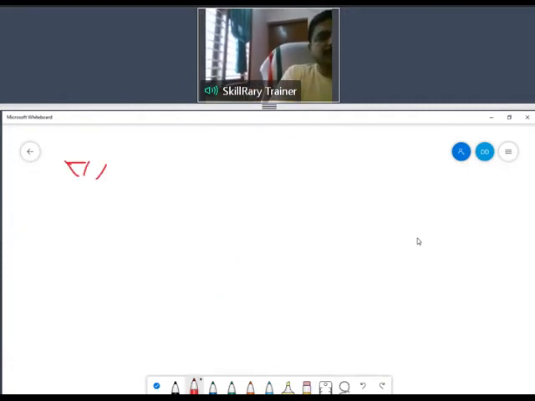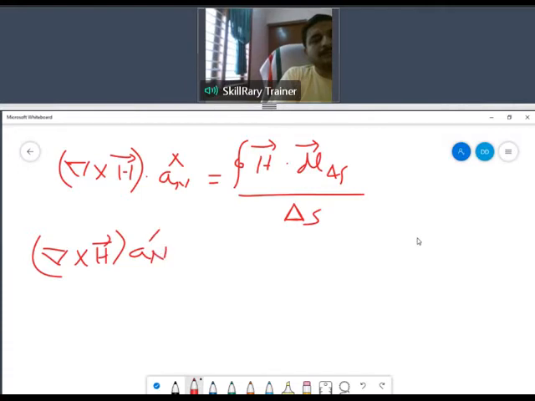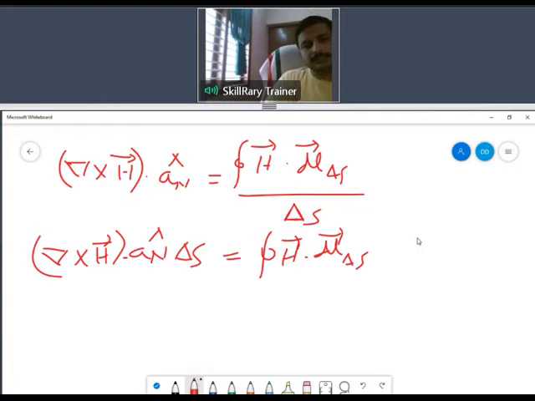So curl of H normal is written mathematically as curl of H dot n cap, which is equal to closed integral H dot dl for delta S divided by delta S. So I take this delta S to the LHS, so I get curl of H dot n cap delta S equals closed integral H dot dl for delta S. Now see here, delta S n cap.